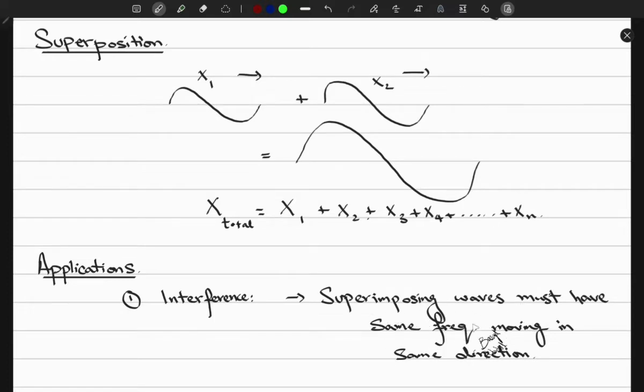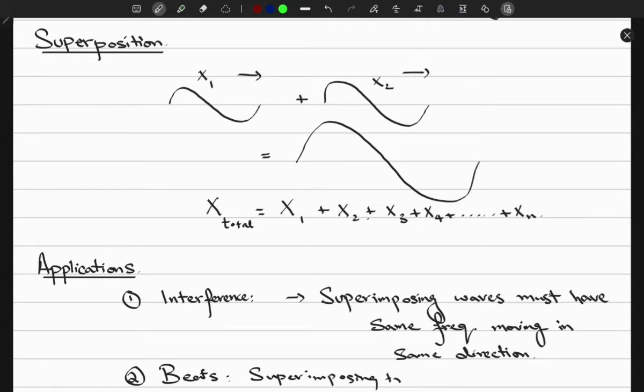Now, if everything is the same, however, we have slightly different frequencies, then we have the phenomenon of beats. And beats are really produced when the same thing happens, but let's write it in this way. We have superimposing waves.